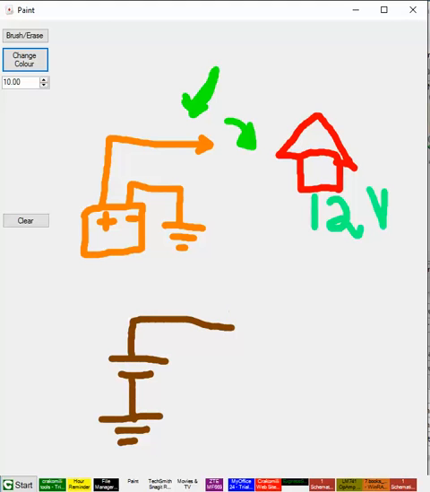And you have a diode. Now, a diode is something where a drop of 0.7 volt falls over here.